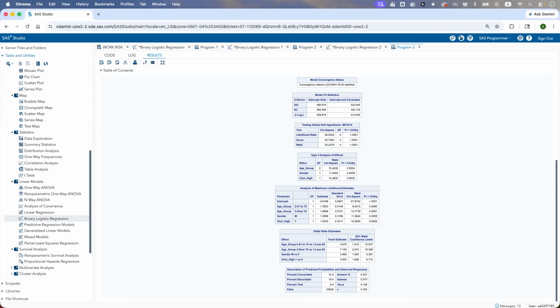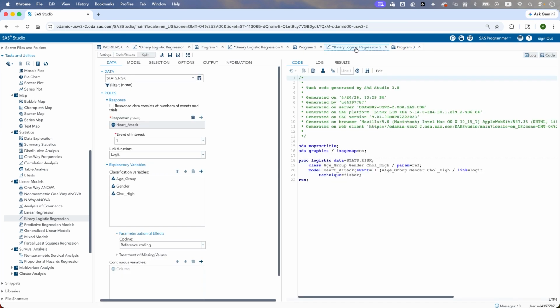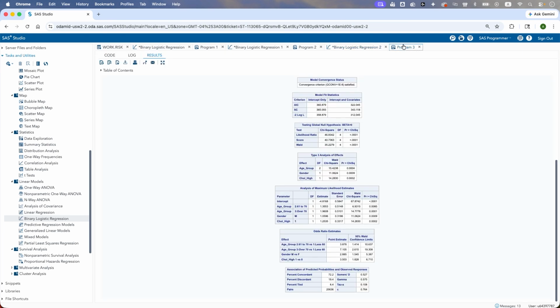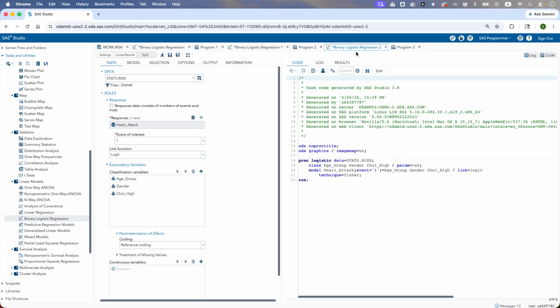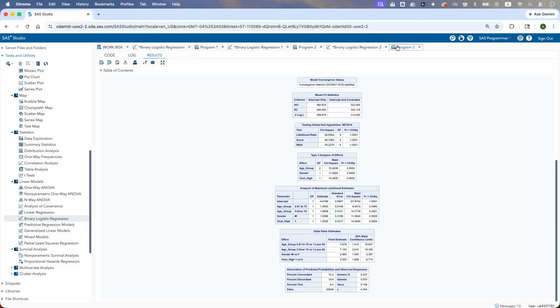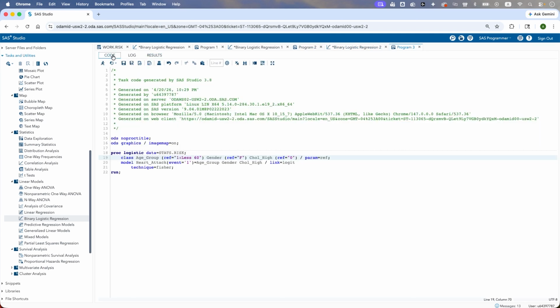And yeah, so this is the whole thing about logistic regression and how we interpret the odds ratios. If you find that some of them are less than one, whatever, you just change the reference category from the code, then run the model again. So this is about logistic regression. And yep, thank you.